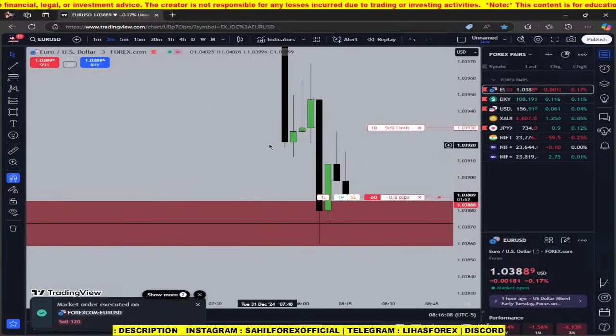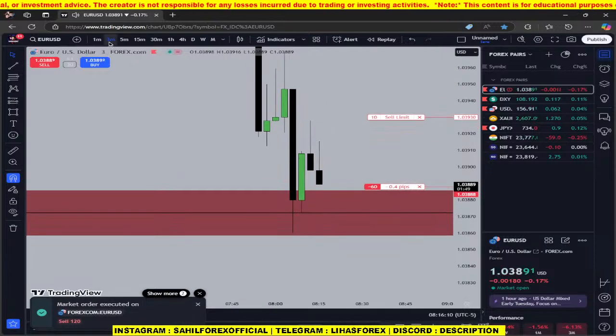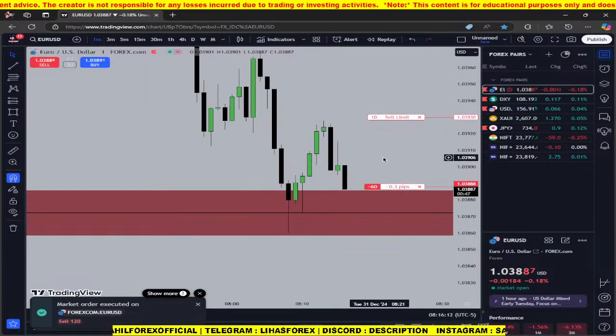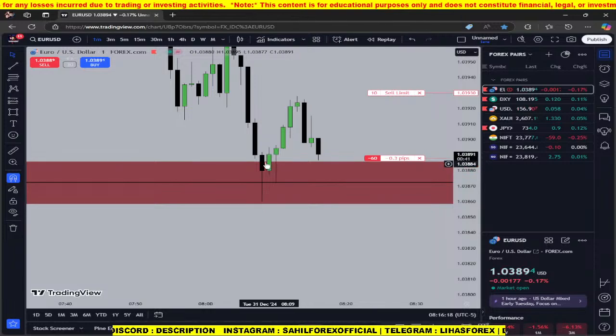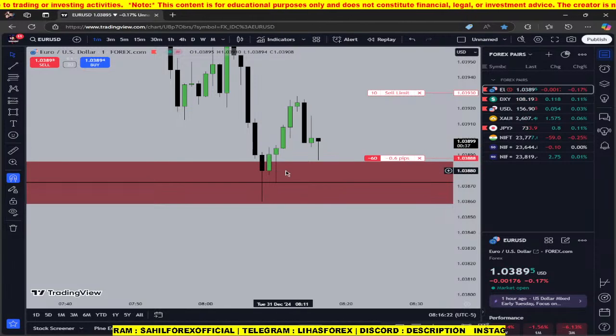There you go. Now I need closing in this consequent encroachment. This is a balanced area. To be honest, I need closing right over here. My stop is just over here.